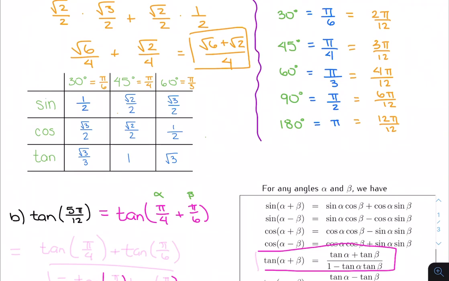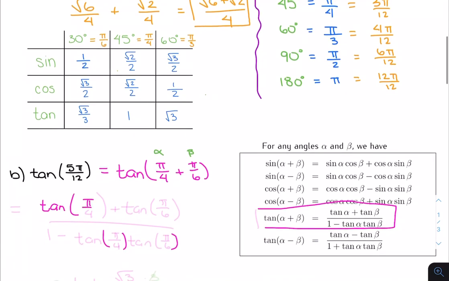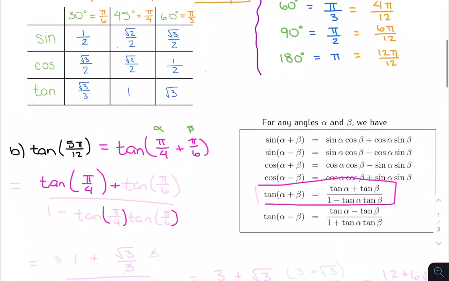And we would get tangent of pi over 4 plus tangent of pi over 6 all over 1 minus tangent of pi over 4 times tangent of pi over 6.